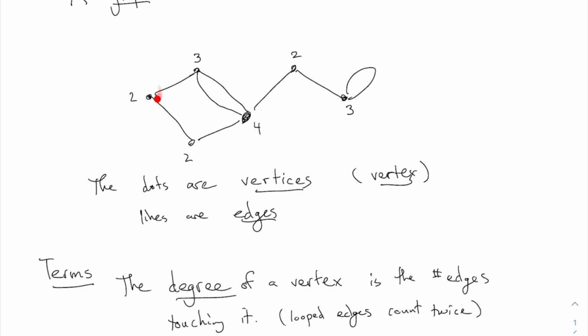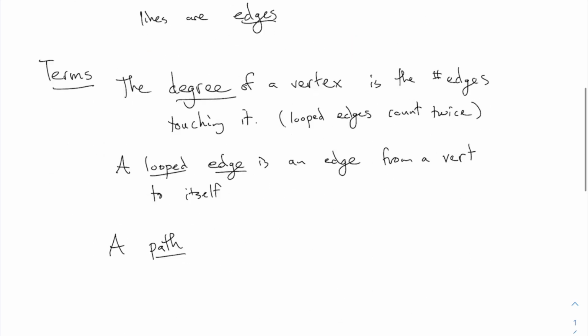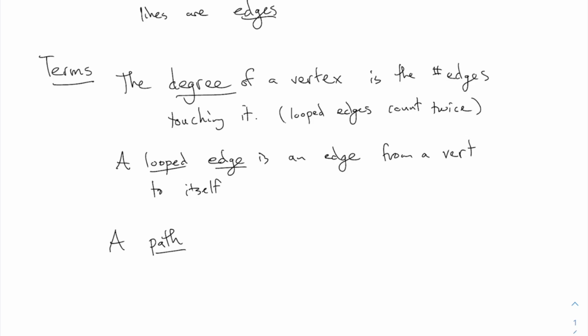So, for instance, if I want to get from this 2 over here to this 3 over here, I can do so along a path. There's actually several paths that do that, but I could, for example, go like this, like that. I'll put little arrows along the path. That's a path. That red line there is a path.